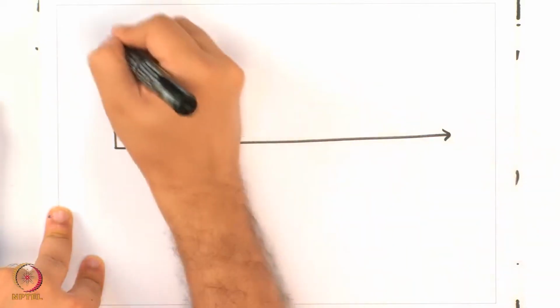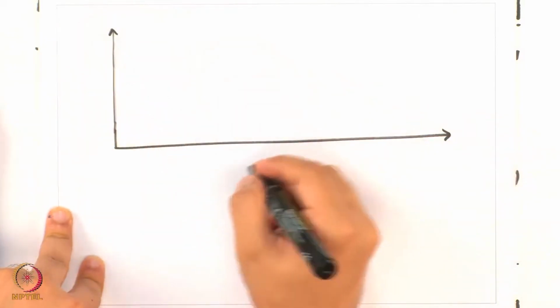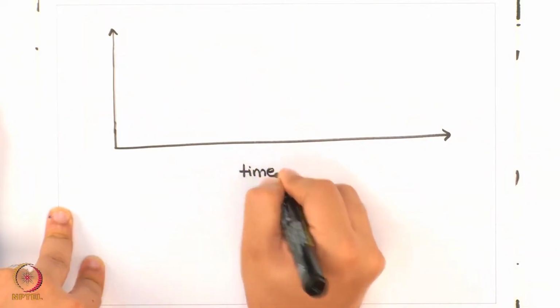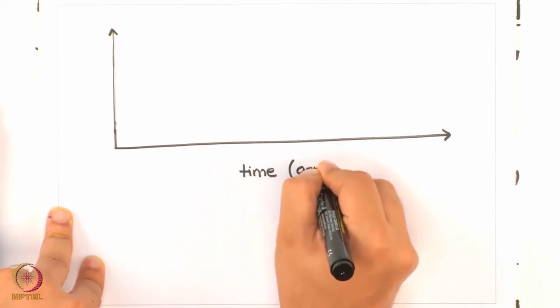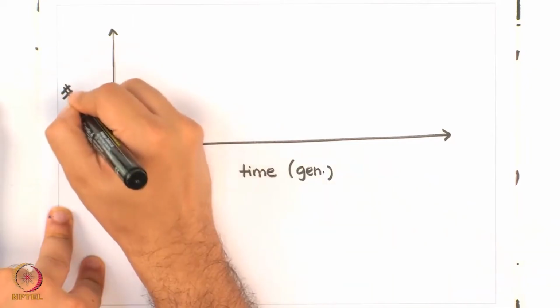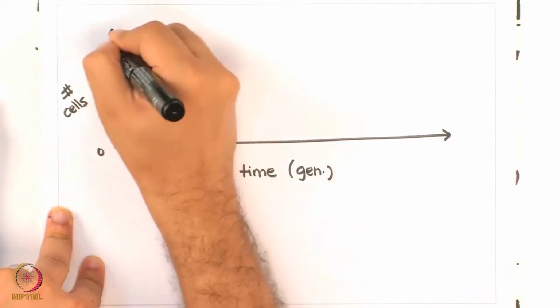So, we will go to the first representation that we did, where the x axis represented time in generations and the y axis represents the number of cells from 0 to n.